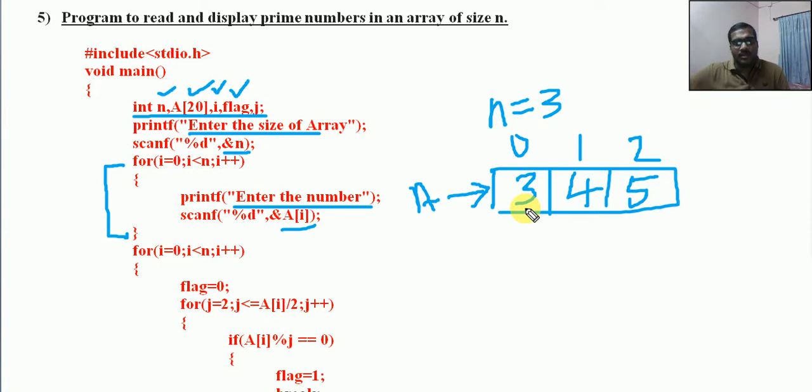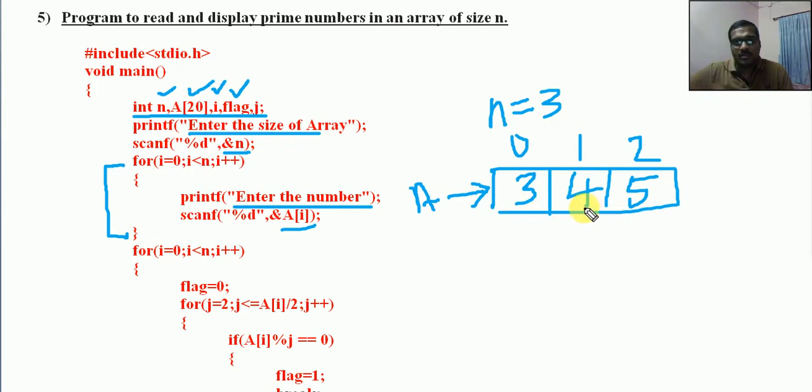So if a number is divisible by only these two, that number can be called a prime number. Okay, so first let us see these three numbers. 3 is divisible by 1, 3 is divisible by itself, 3 by 3, 3 by 1, but no other numbers. 3 by 2 is not possible, right? So 3 is a prime number.